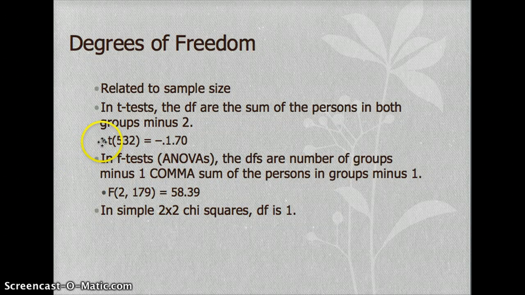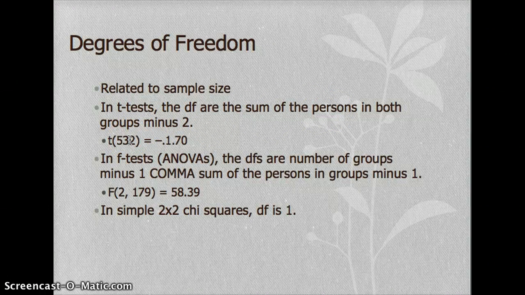So if we see something written out in the results section that looks like this, t parentheses 532 equals minus 1.70, we can look at this number here, and that's indicating the degrees of freedom, and we can tell how many participants were in the study. So for this one, there's 534 people in this study, because it's the sum of the persons in both groups minus 2, so we'll add back 2.